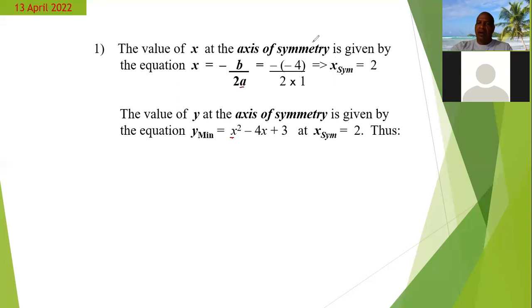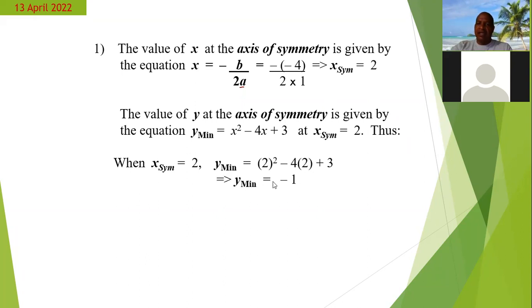We do all that calculation to calculate the y min. Substituting the 2 where the x is in the equation, we have 2 squared minus 4 times 2 plus 3. After we do that calculation, we get y min to be -1.